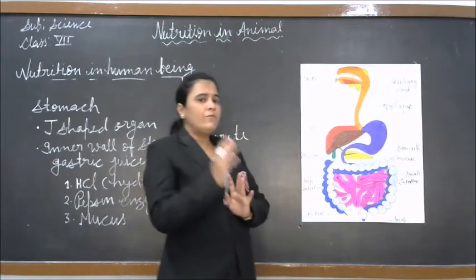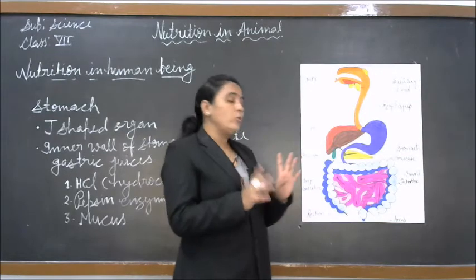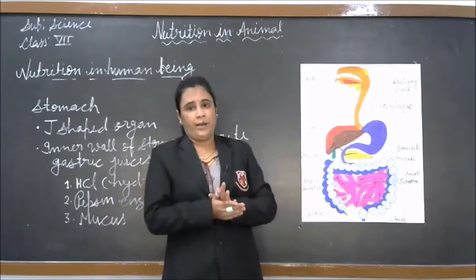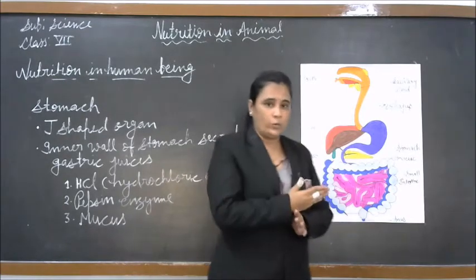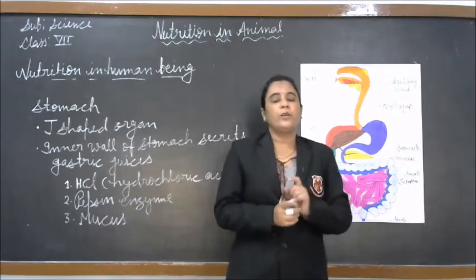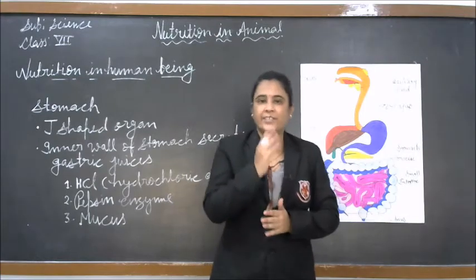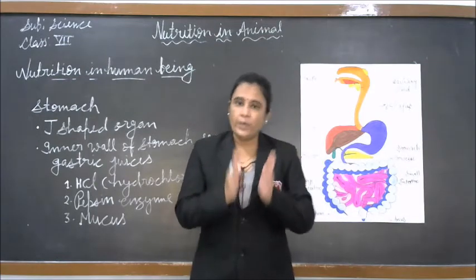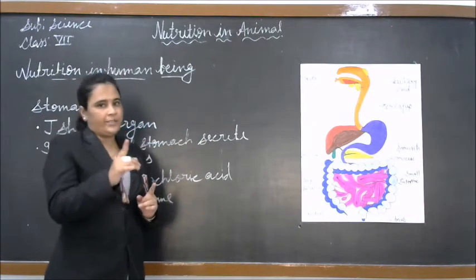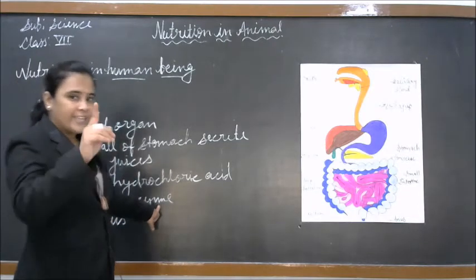Students, we will study them one by one. HCl, hydrochloric acid, kills the bacteria that enter with food. Another important function of hydrochloric acid is that it makes the food acidic, and the pepsin enzyme activates only in an acidic medium.